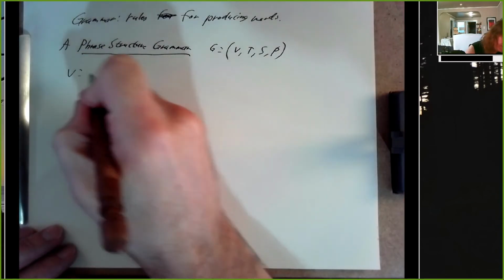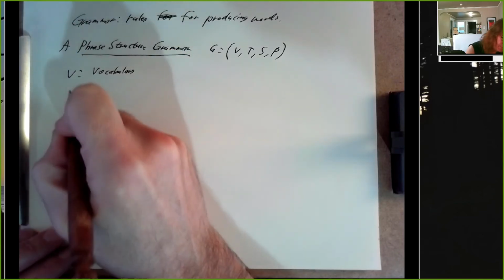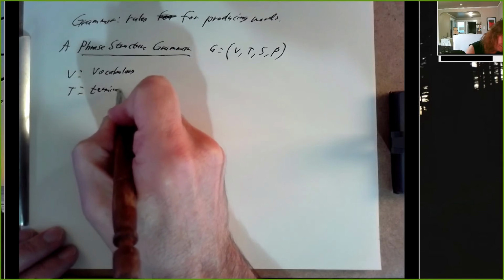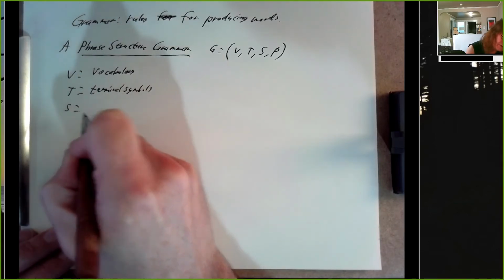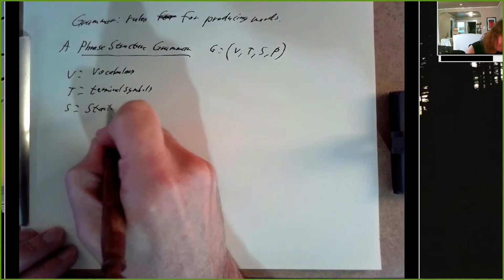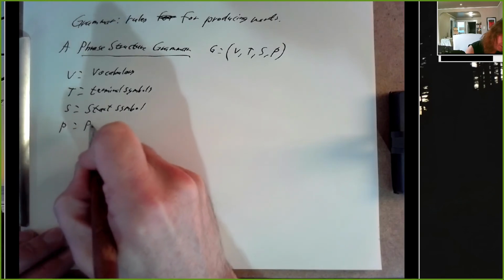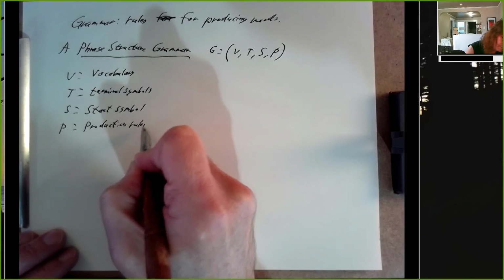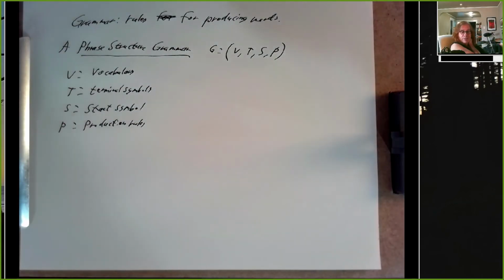V equals the vocabulary. T equals the set of terminal symbols. S is what we call the start symbol. And P is a set of production rules. So these four things will describe a grammar, a language for us.